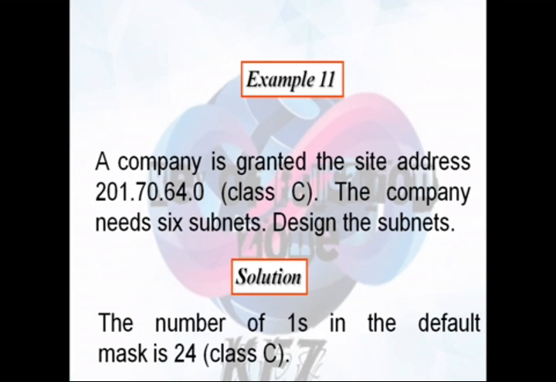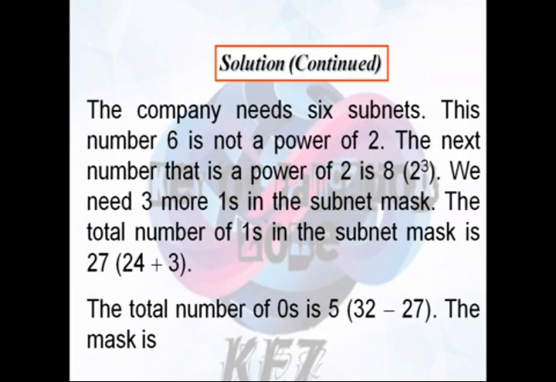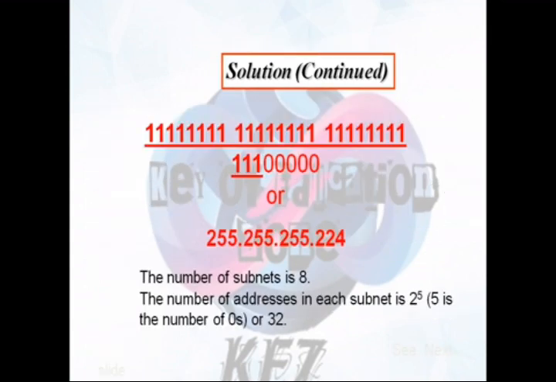Here the company's address is given. From there you can get the solution that the company needs 6 subnets and since 6 is not a power of 2, you have to take 2 to the power of 3, that means the greater value. Now here the total number of 0s will be 5, that is 32 minus 27.